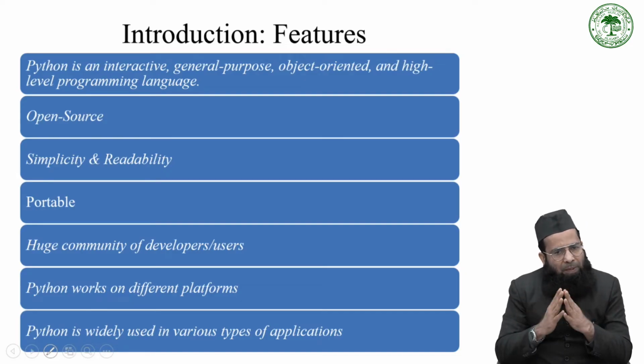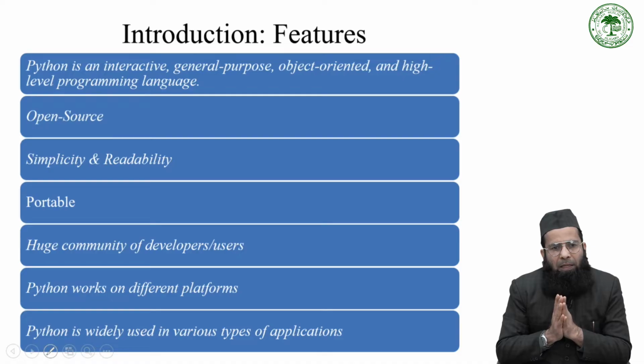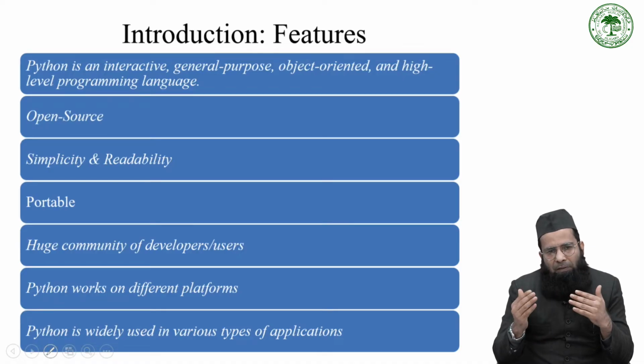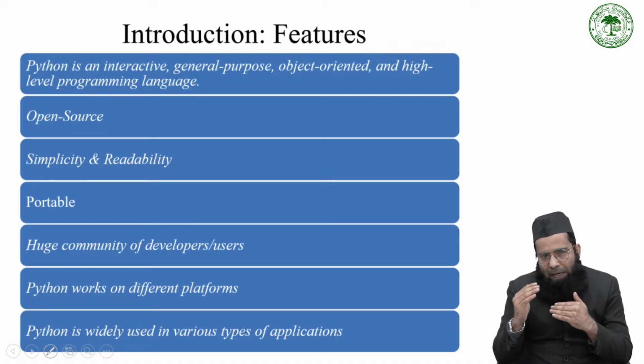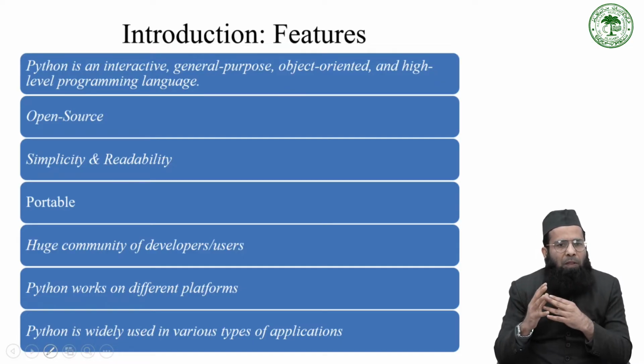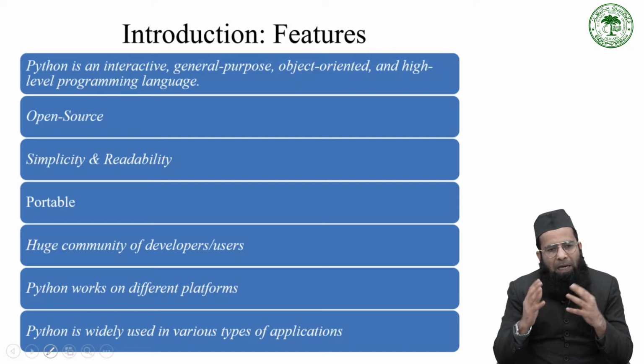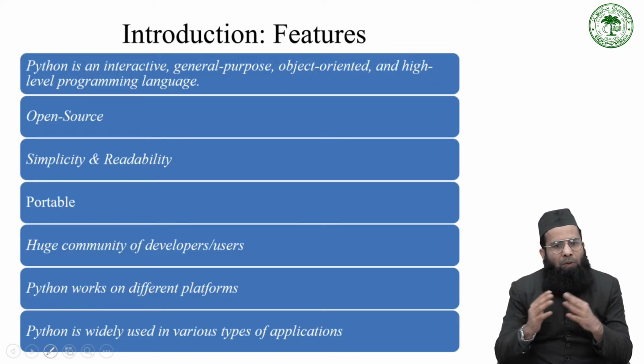It is based on simplicity and readability, so Python code is very simple. If you write code in Python, by looking at your code, a person can easily understand your whole code. It's portable. It means it can run on any type of platform. Once you have written the code, it can be run on any type of platform.